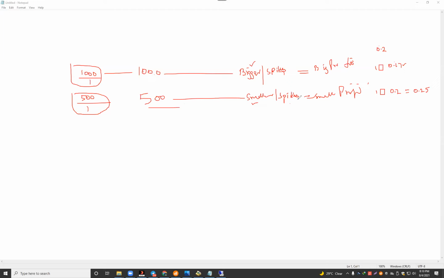So when you observe, if 10 candles move against you in the 1,000 pair, and 10 candles go against you in the 500, you will find the difference in this charge.